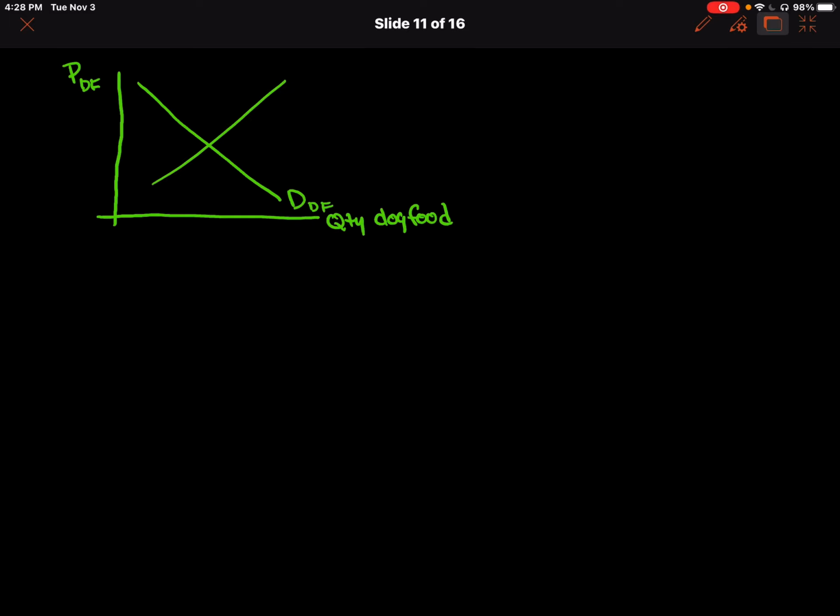So remember in our dog food market, this is the price of dog food. We have a demand for dog food, the supply of dog food. This is the equilibrium price.